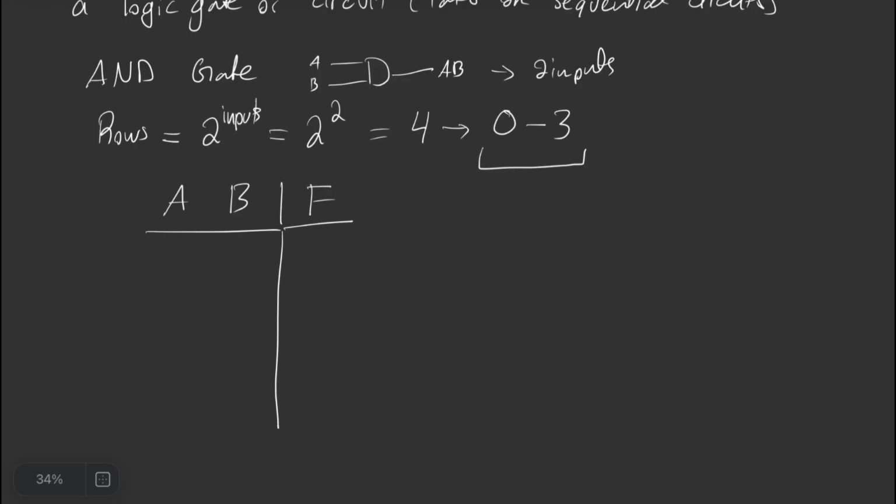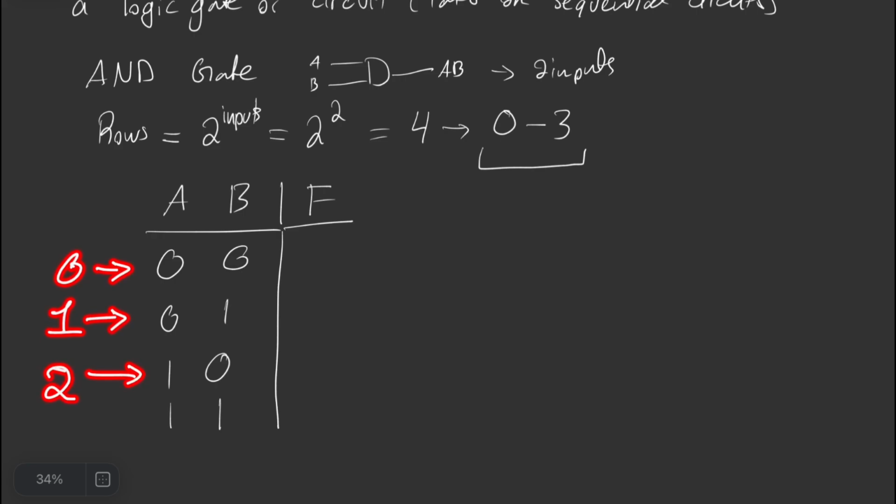So it'll be 0, 0, 1, 1, 0, 1, 0, 1. If you're paying attention, you'll realize that these values correspond to 0, 1, 2, and 3.